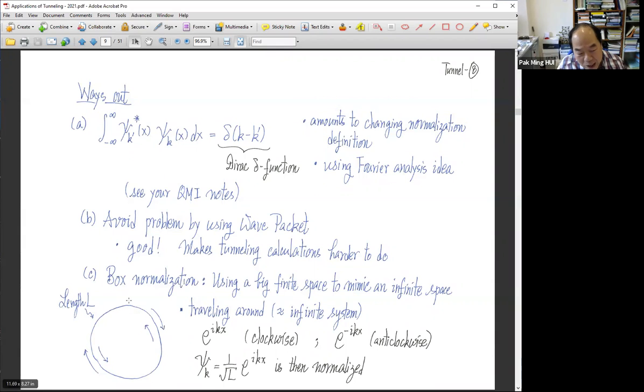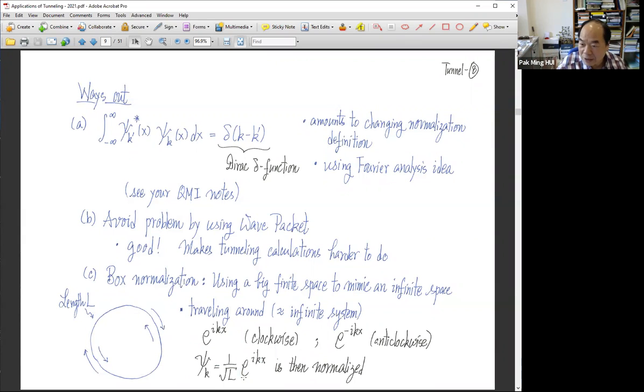But in this case, we have this clockwise circling and anti-clockwise circling direction that could be represented by this e to the ikx and e to the minus ikx waves, okay? If you do that, actually you have a finite system, length L, therefore you can formally normalize such a plane wave looking wave function, all right?